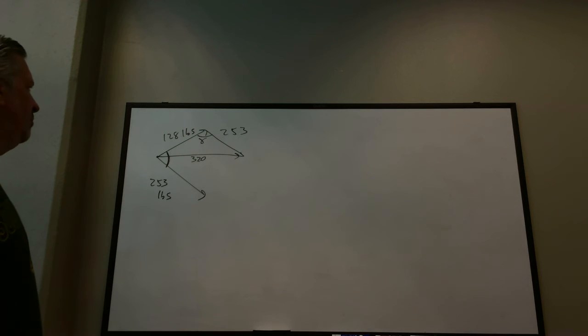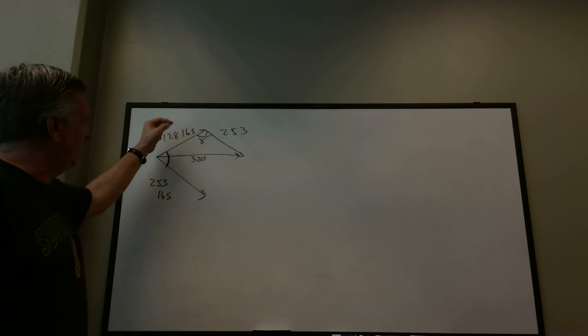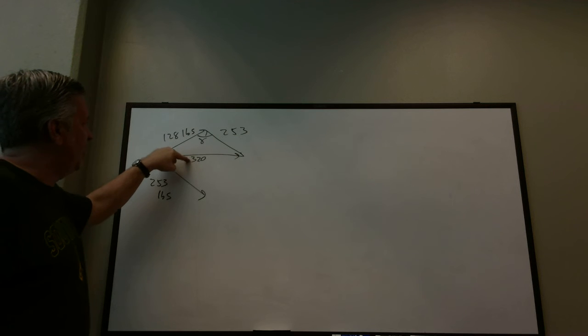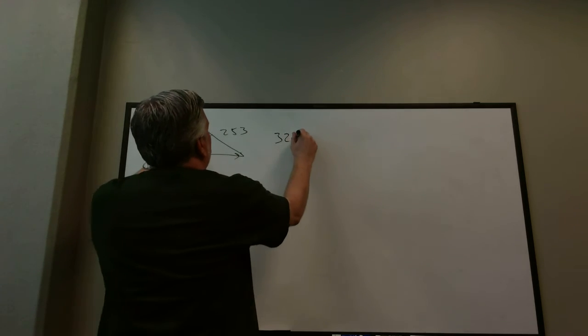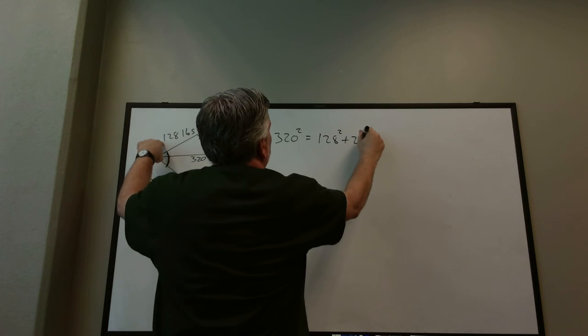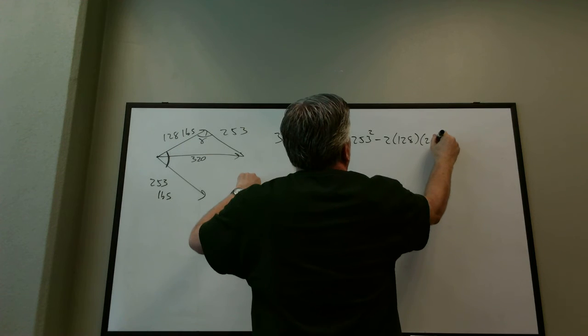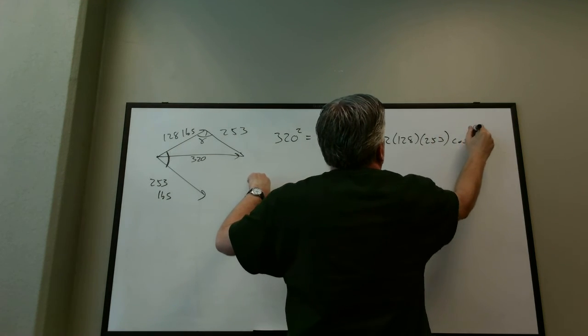You can call it whatever you want. So I want to find angle gamma. Well, to find an angle with the law of cosines, again, you can't use law of sines here. You start with the side opposite. So 320 squared is 128 squared plus 253 squared minus 2 times 128 times 253 cosine.